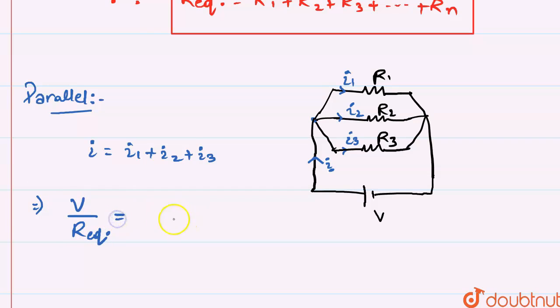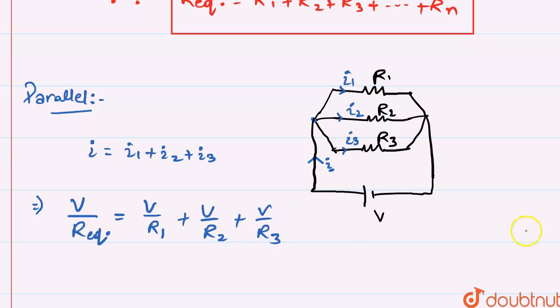I will be the voltage upon equivalent resistance. Since across all the three resistors the voltage appearing is V, I1 will be V upon R1. Similarly, I2 will be V upon R2, and I3 will be V upon R3.